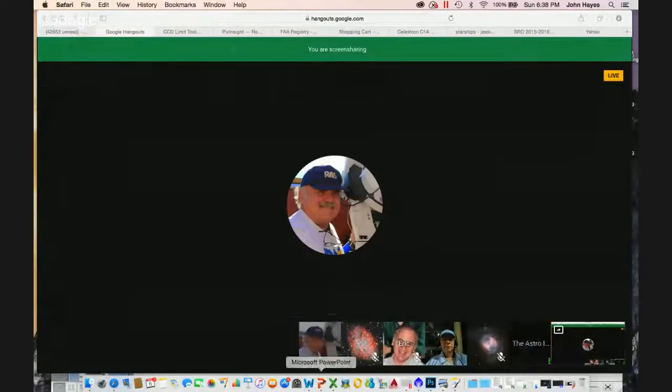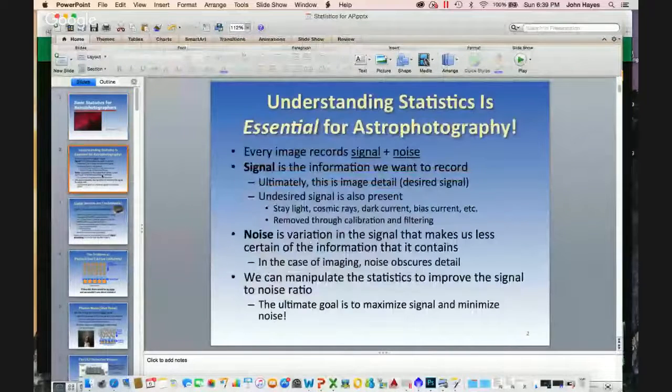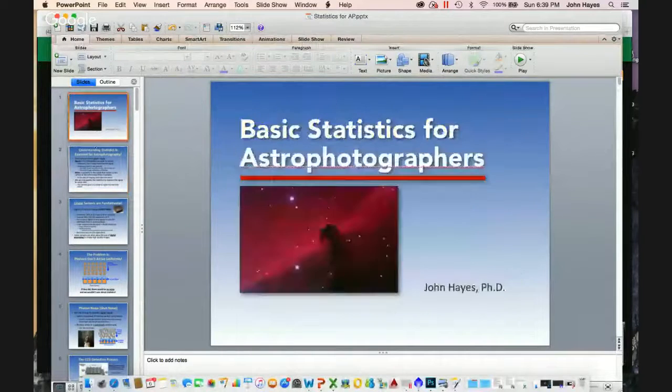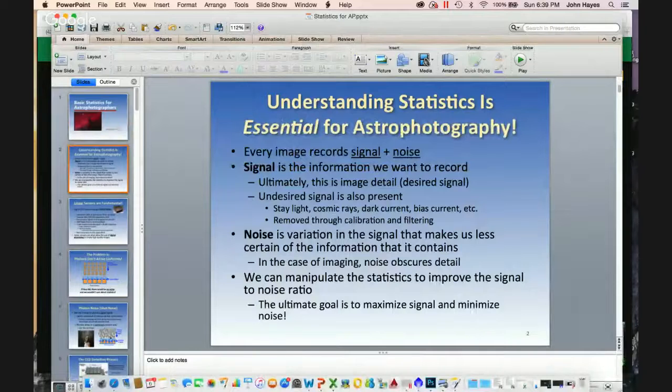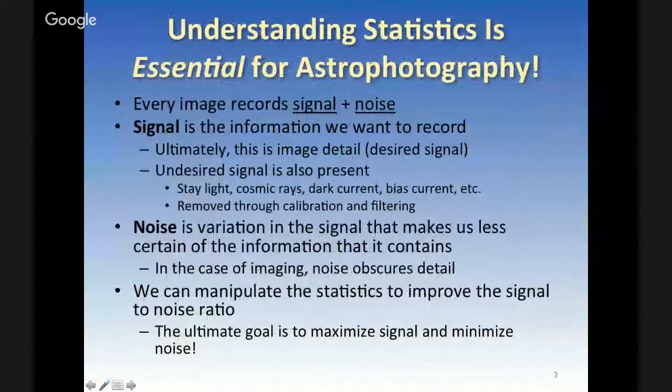Now do you see the second slide? We see the slides, but not in presentation mode. Let's try presentation mode. There we go. Now do you see the full screen that says understanding statistics is essential? Now you got it.